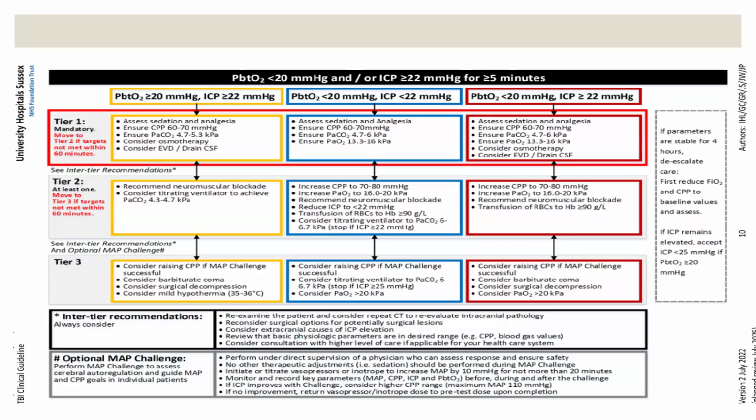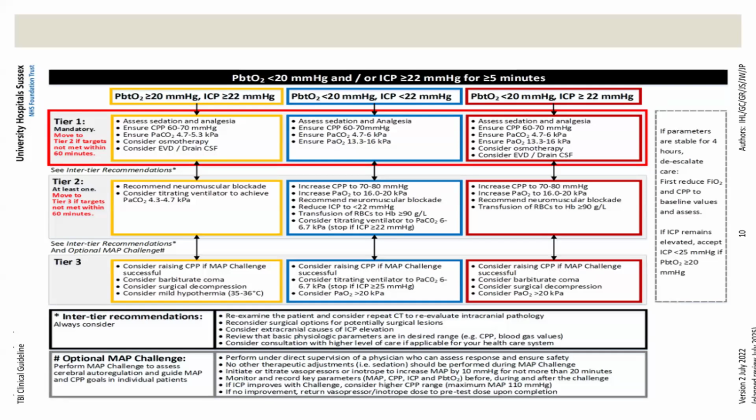If brain tissue oxygenation is less than 20 and ICP is more than 22, then the same, but we need to maintain the normal oxygenation level. Other measures are the same in tier 1, that is assess for sedation, analgesia, ensure the cerebral perfusion pressure between 60 to 70, PCO2 between 32 to 35, maintain proper oxygenation, consider EVD and drain CSF if EVD in situ.